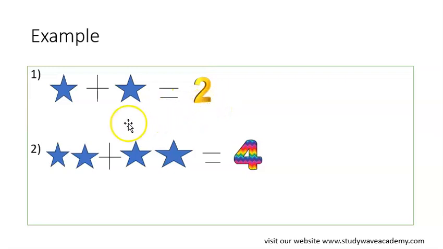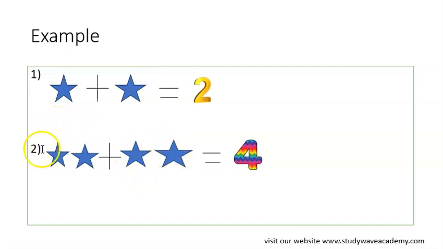Okay, we go over to the next one. We have how many stars here? This is a star, this is a star, and what is this? This is a plus sign. Remember, when we see the plus sign, we add together. And we have another star, and another star.